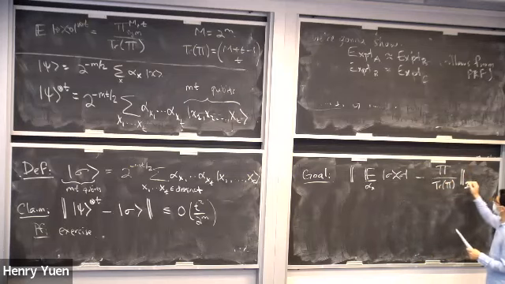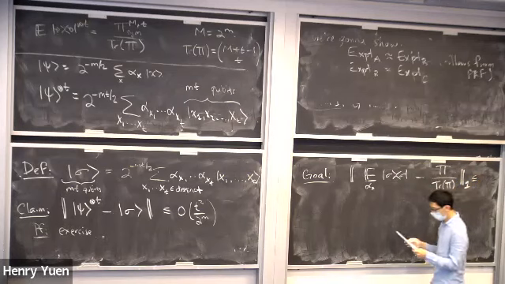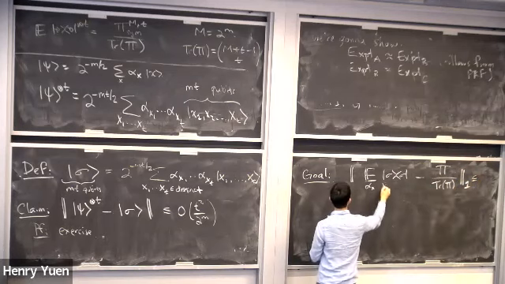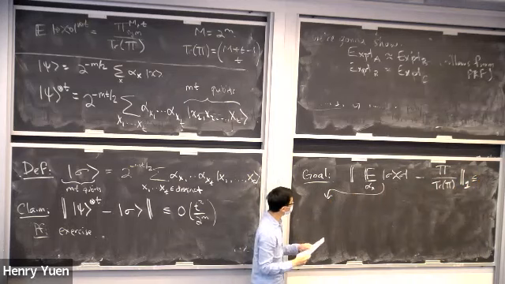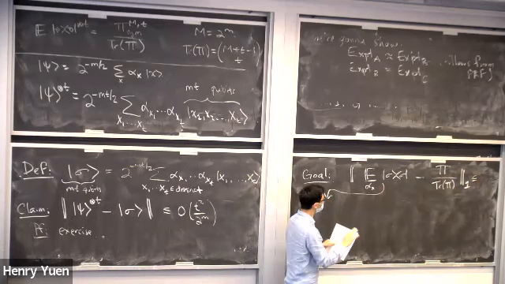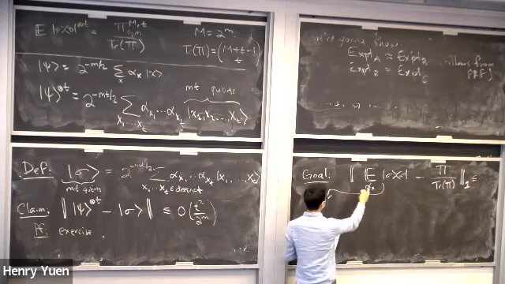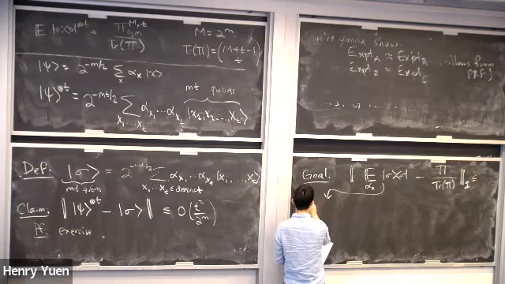This is what we want to show is small, because if we do this, then we're done. And we just have to expand out what this thing is. This is going to be kind of a mess in the beginning, but we'll simplify. So we'll just open up the brackets.